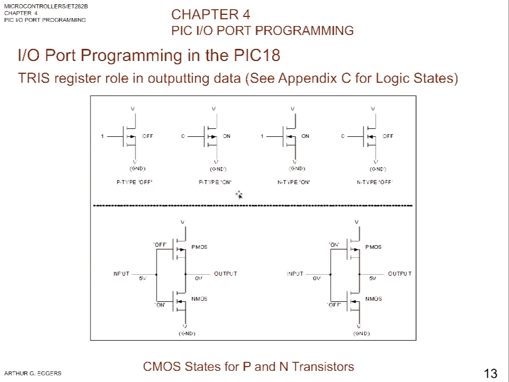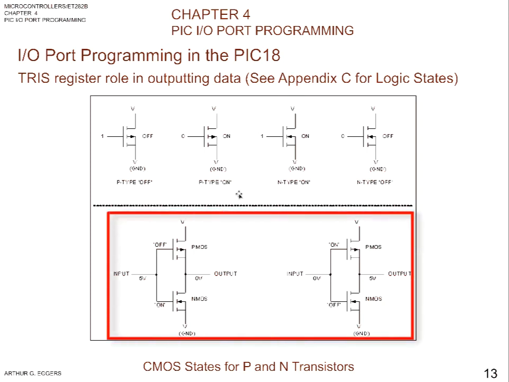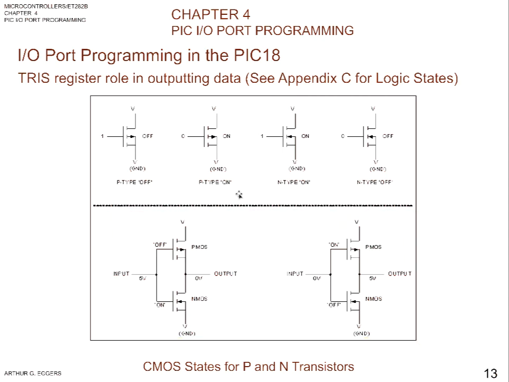Note that upon reset, all ports have a value of FFH in their tri-state registers. This means all ports are configured as an input, which we will see next. So again, you have to define to the microcontroller what ports are inputs and what ports are outputs.